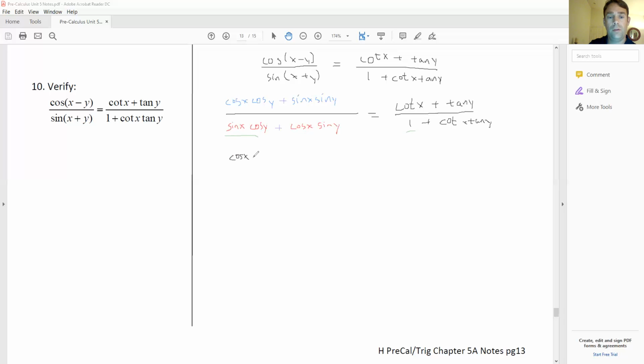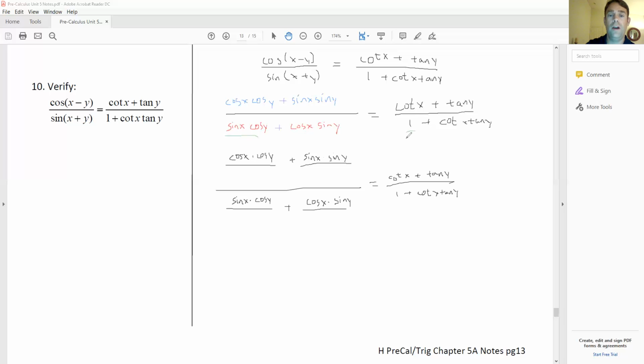So cosine x times cosine y, plus sine x times sine y, all divided by sine x times cosine y, over 1 plus cotangent x tangent y.